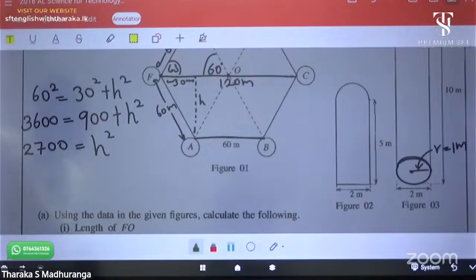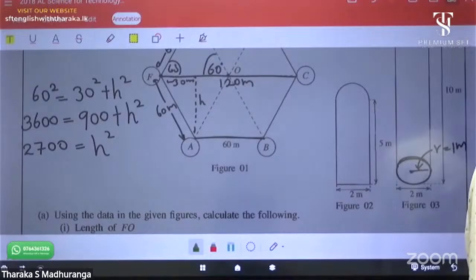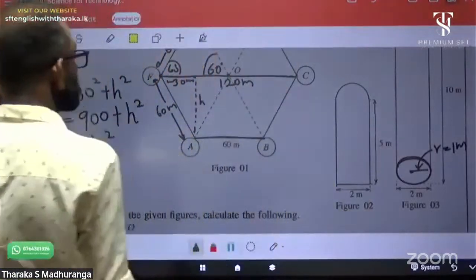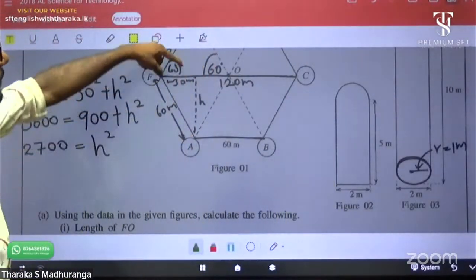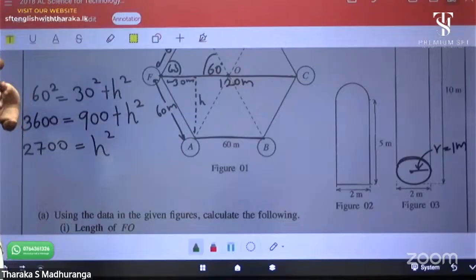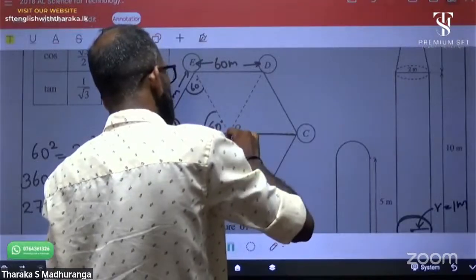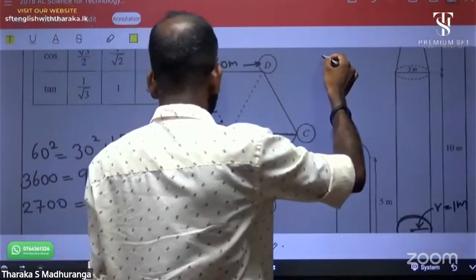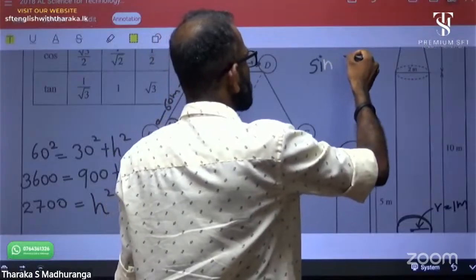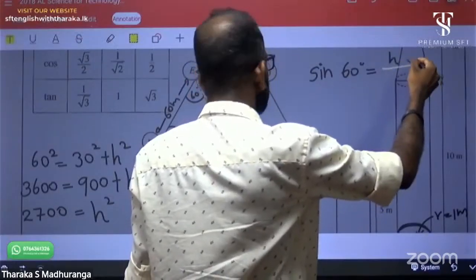Okay, now you can get h. We have another method. We can use trigonometry also. This angle is 60. Now you can use sine. Sine 60 equals h over 60. Sine 60 equals root 3 over 2, so root 3 over 2 equals h over 60.